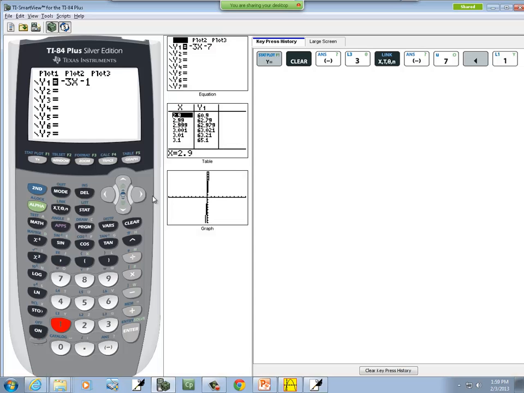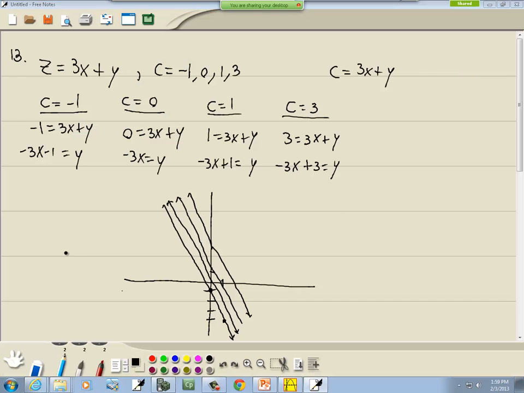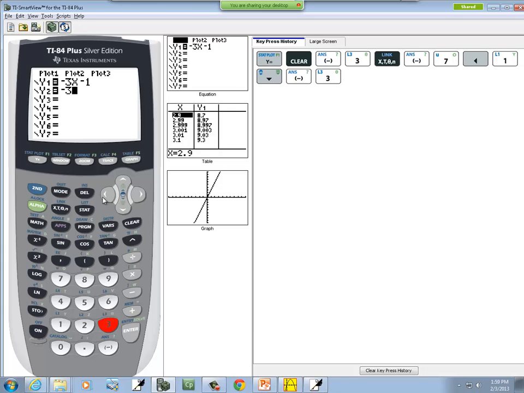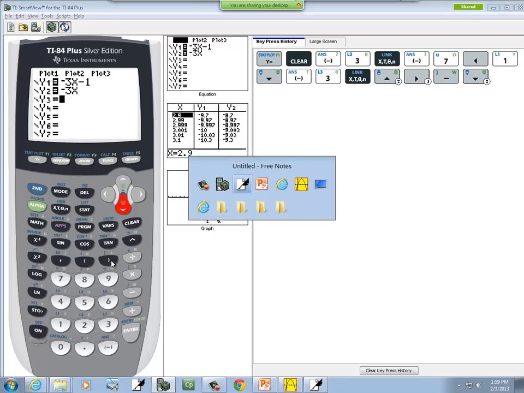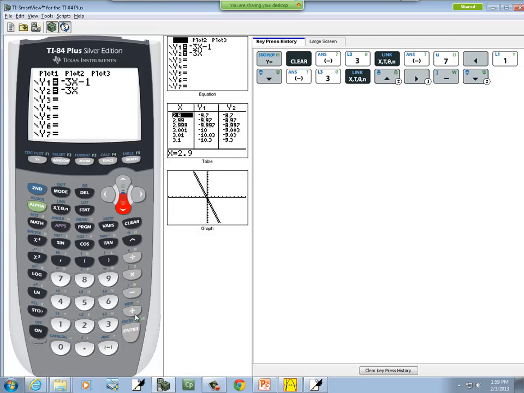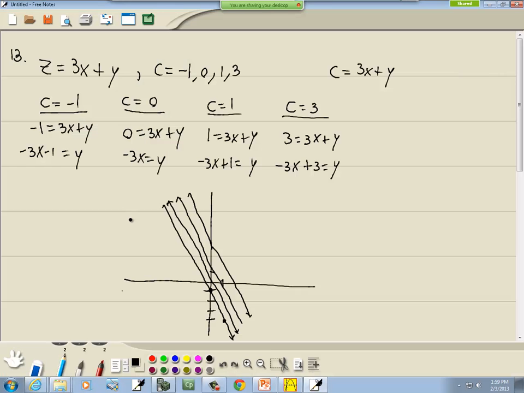This one's -3x, so I'll down arrow to y2 and put in -3x. And of course it actually helps to graph them correctly. That should be a minus there. And the next one is -3x plus 1. So -3x plus 1. And then the next one is -3x plus 3.